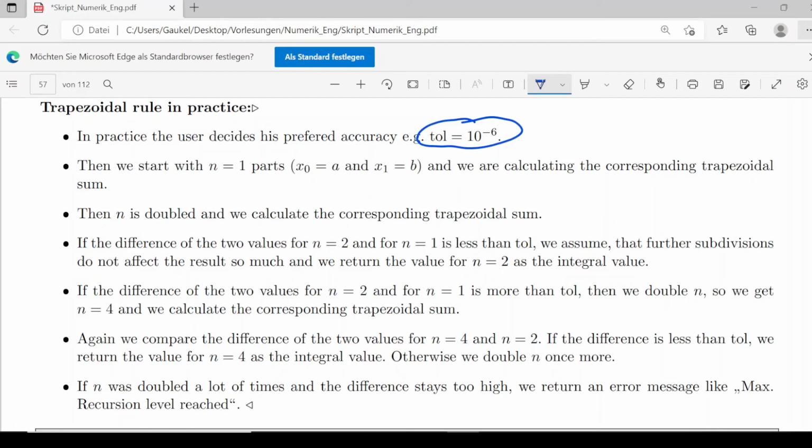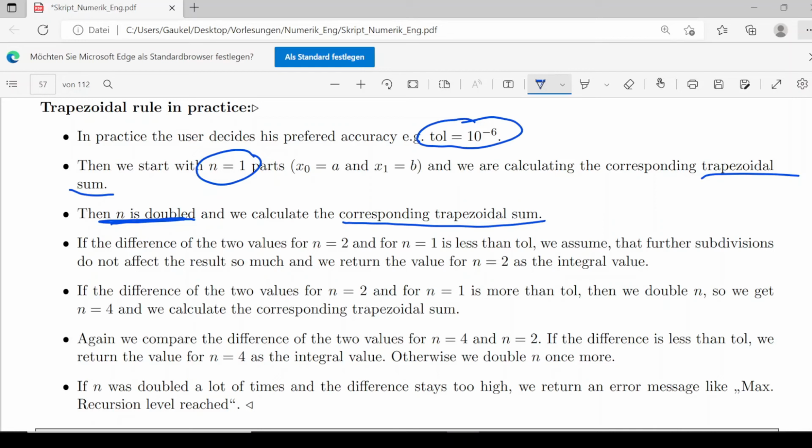The difference between the correct value and the value returned by the integration program should be less than 1 divided by 1 million. Then we start with 1 part, for example, and then we are calculating the trapezoidal sum. And then we double n, then we take n equal to 2 parts, and then we are calculating the corresponding trapezoidal sum again. Then we can check what changed.